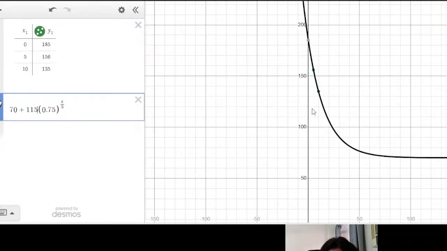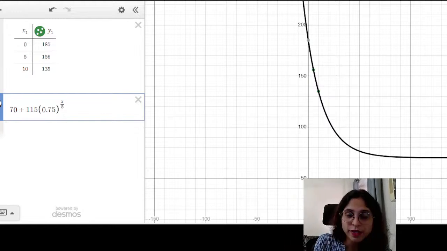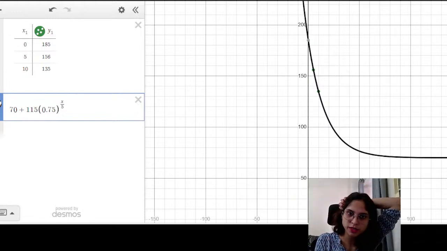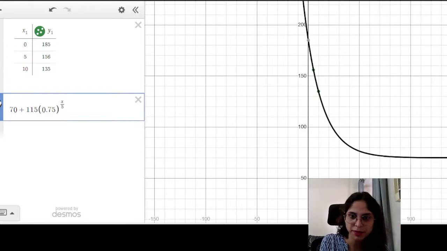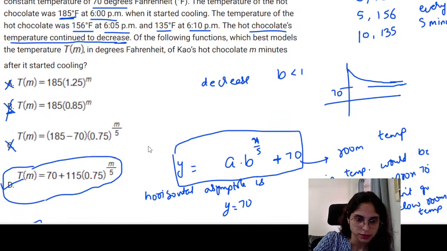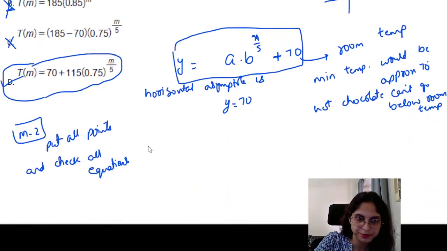All 3 points are on the line. So when nothing is making sense, you can just put all the options in Desmos and you have the table of points and then see where these points are falling. All 3 points are falling over here. Okay? I would prefer this.